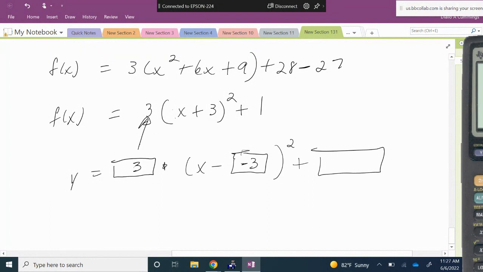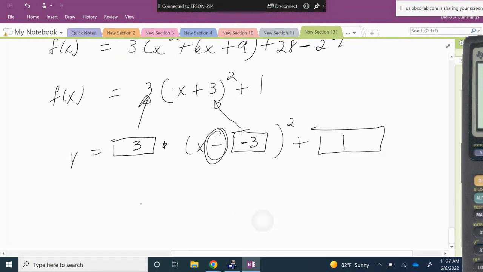You want to put in a minus 3 because that sign is going to change. A negative times a negative makes the positive that we have, but you're always going to have a minus right here. And then that last box is a 1. And then our vertex: remember, the sign is going to change for that first coordinate, so it's negative 3, 1.